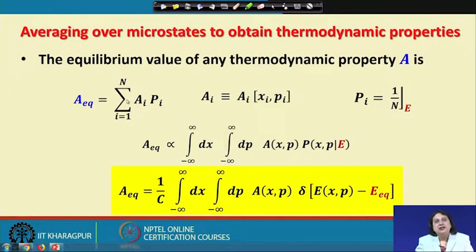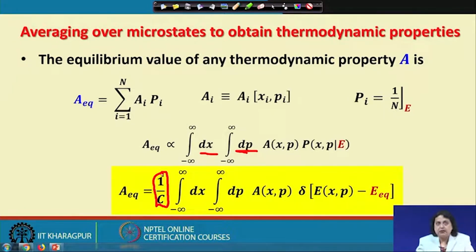So, while this equilibrium value was dependent only on the dimensionless quantity P_i, now I have introduced in my discussion the dimensions corresponding to dx and dp. So, obviously, when I normalize this probability, there will be some normalization constant appearing here that I have indicated as 1 by c.